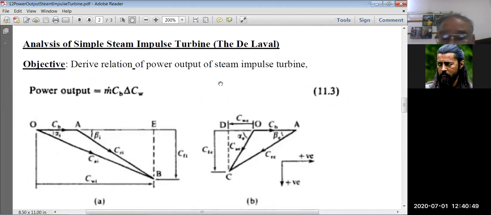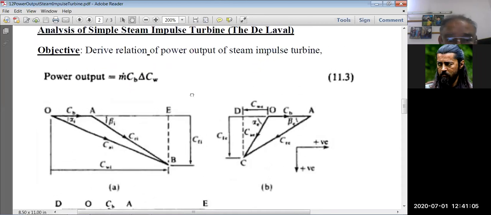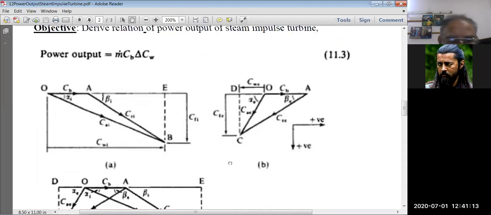Gas impulse turbine will come later, and they are designed like that but differently. Their notations are different, their angles are different, their angles are measured differently, their triangles are drawn differently. That's why, remember, this is a steam impulse turbine, and one stage, simple, it is called a simple steam impulse turbine. That means single stage. There is no velocity compounding, or there is no pressure compounding.